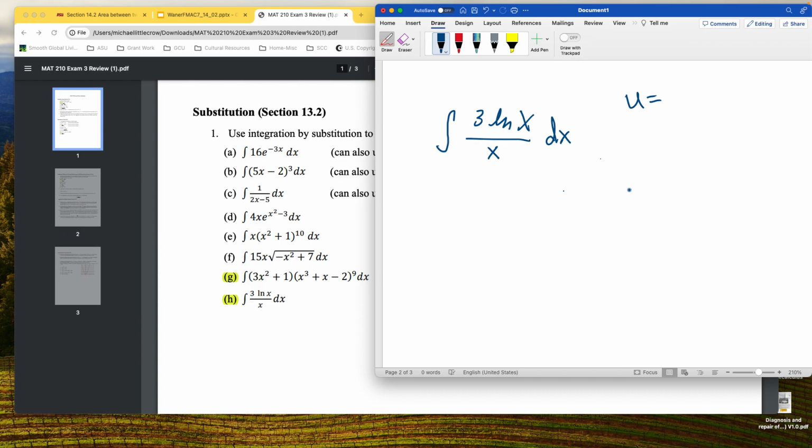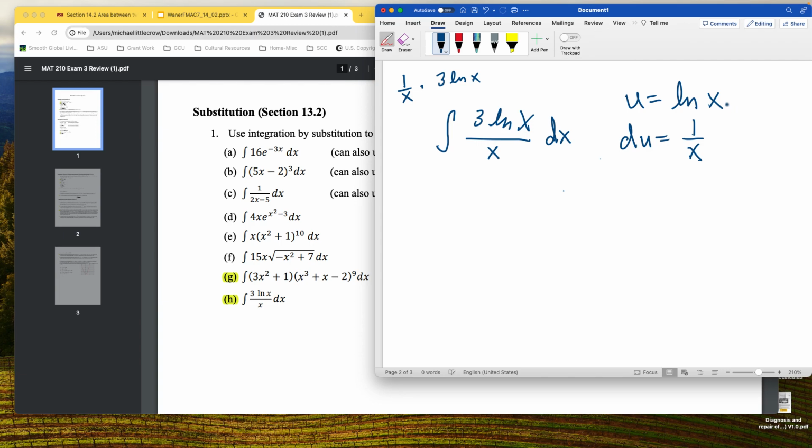goes away. So if we make u equal to the natural log of x, then when we take the derivative of both sides, du becomes, what's the derivative of natural log of x? 1 over x dx. So we're wanting to see this as 1 over x times 3 natural log of x. That's the derivative of natural log of x.